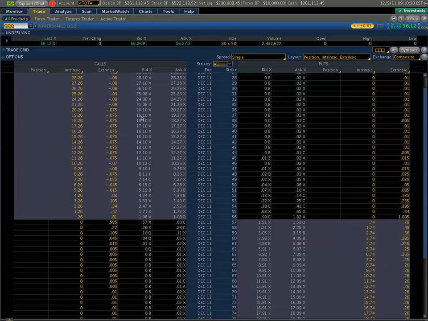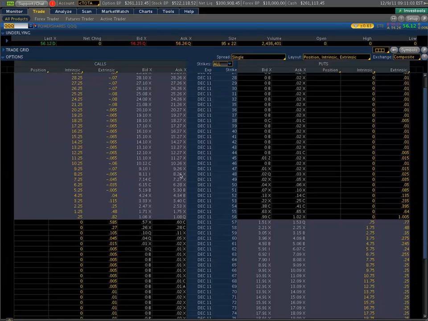Everything highlighted in gray here on both sides, we'll start with the calls first, are in the money calls, and it is one strike price lower than the actual level of this financial instrument. For example, the line right here at 56 is what's called the at the money calls. It's very close to the current price of the ETF.